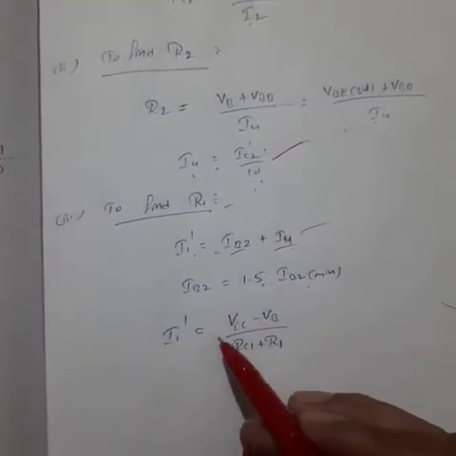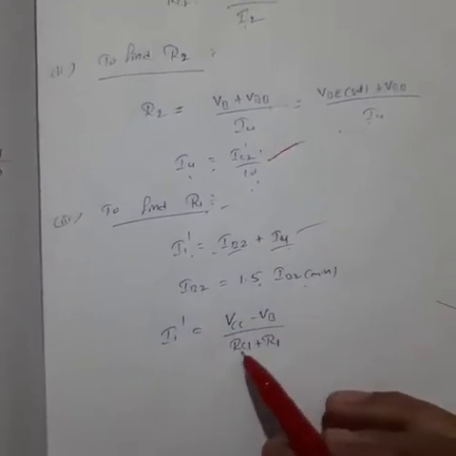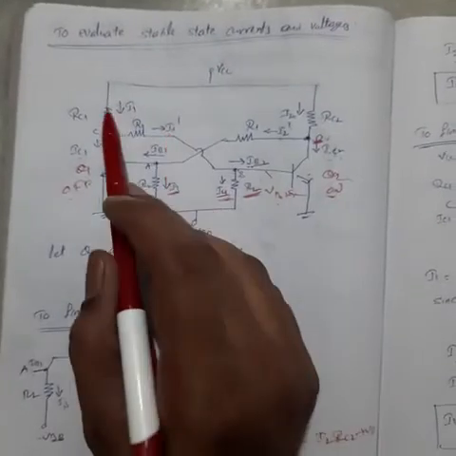Otherwise, we have another formula: VCC minus VB by RC1 plus R1. Here I1 dash equal to I1.